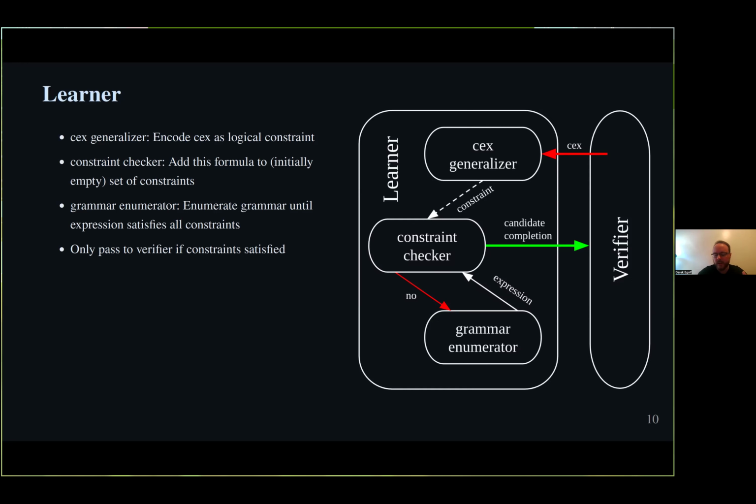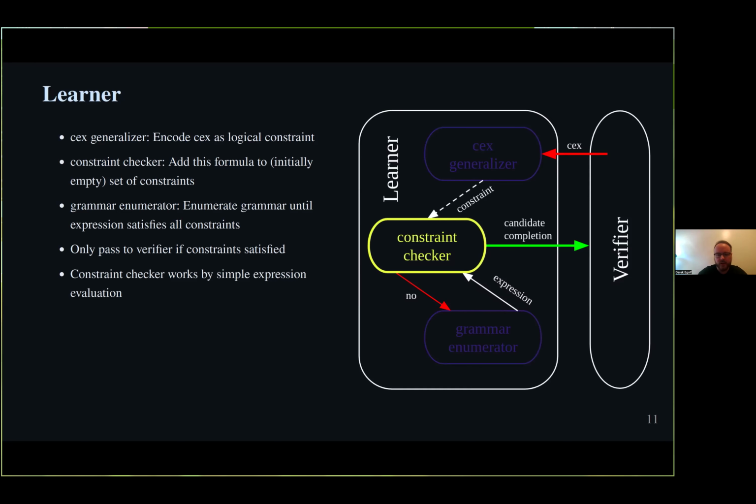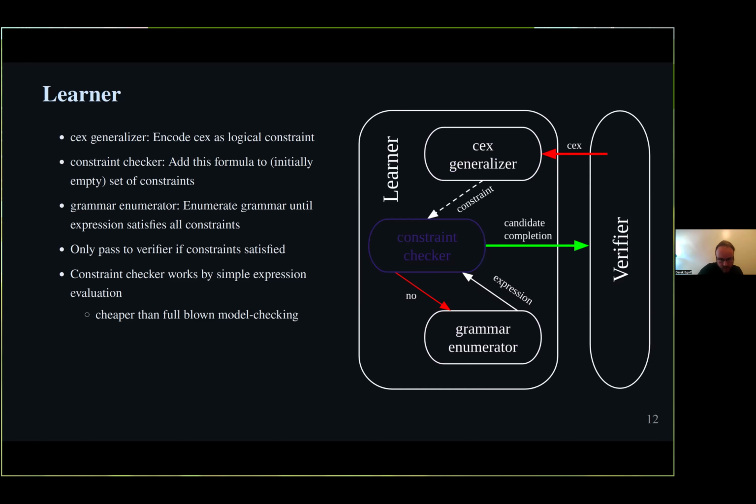So we won't talk too much more about the constraint checker, but just to give a sense of what it does, it's really just plugging in the interpretation for the uninterpreted function and then evaluating. So it just works by simple expression evaluation, which is much, much cheaper than full-blown model checking. Cool. So we won't say anything more about the constraint checker, but we will talk about these other two components. In particular, we'll talk about the counterexample generalizer next.